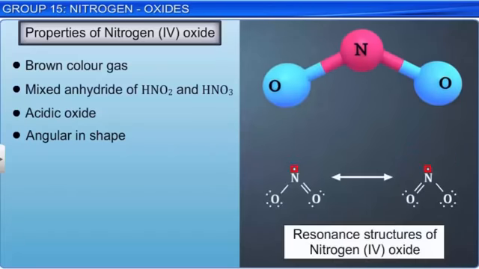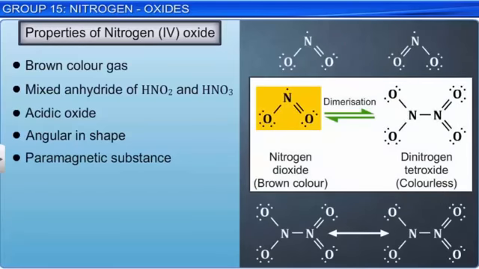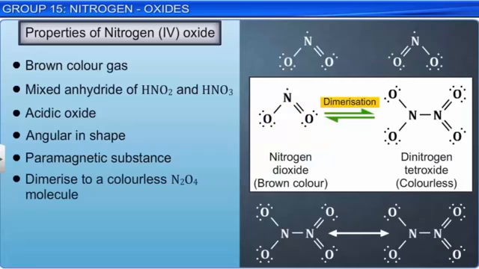Note the unpaired electron in the resonance structures of nitrogen dioxide, due to which it behaves as a paramagnetic substance. It is because of this reason that it has a tendency to dimerize to a colorless dinitrogen tetroxide molecule that has an even number of electrons.